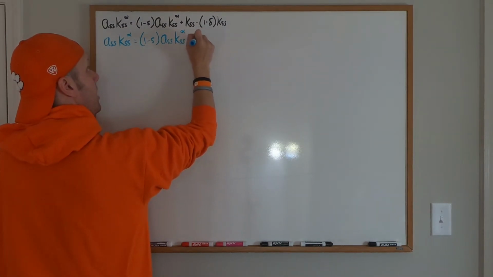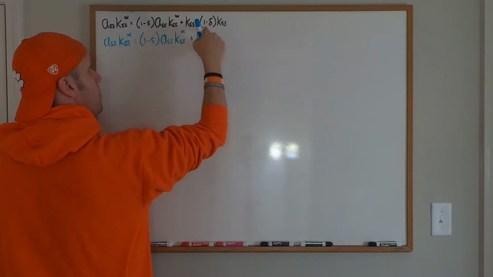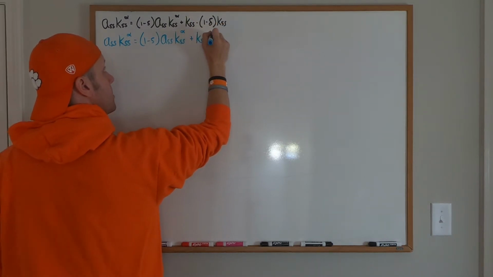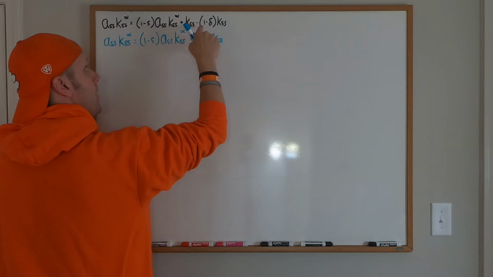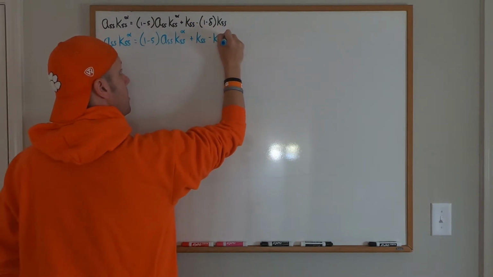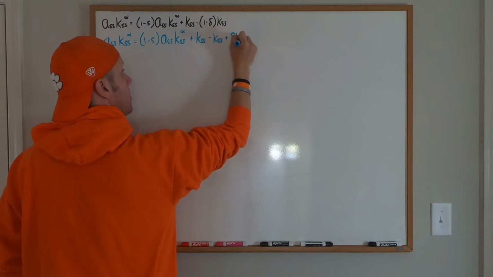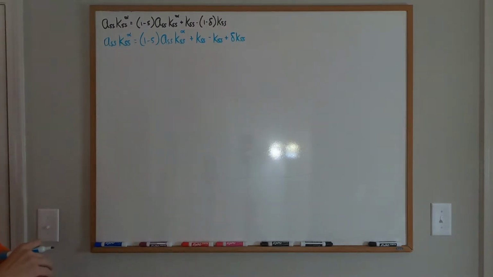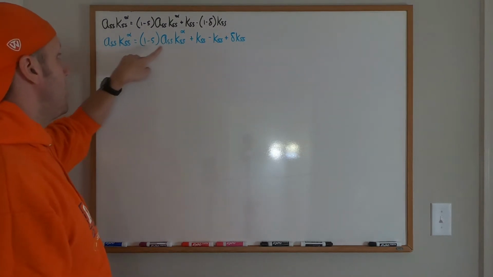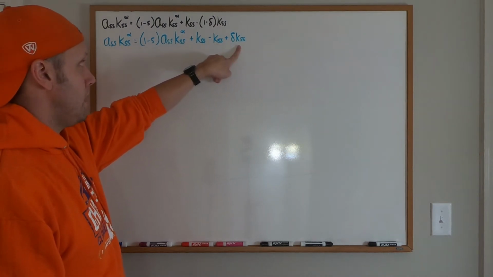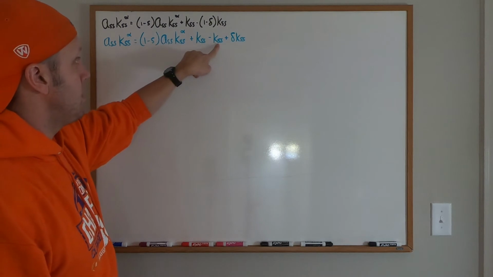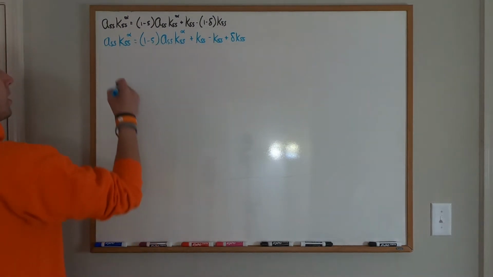I'm going to add KSS, but minus 1 times KSS is minus steady state capital, and then minus negative delta times KSS, well, negative times a negative is a positive, so this is what I get. Steady state output equals steady state consumption, which can be re-expressed as 1 minus S times steady state output, plus steady state capital minus steady state capital plus delta times steady state capital. Well, I've got plus KSS minus KSS, so these two just go to 0.